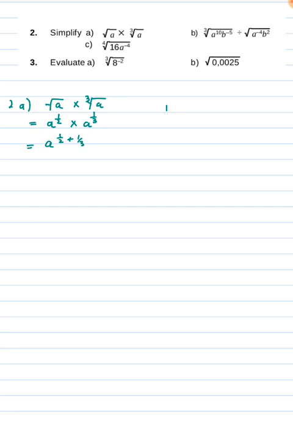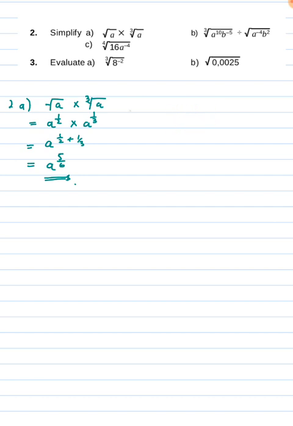So we get 1/2 plus 1 over 3, and we have 6. We have 3 plus this into this is 2, so we get 5 over 6. So in other words, we have a to the power of 5 over 6. So this one becomes our solution.